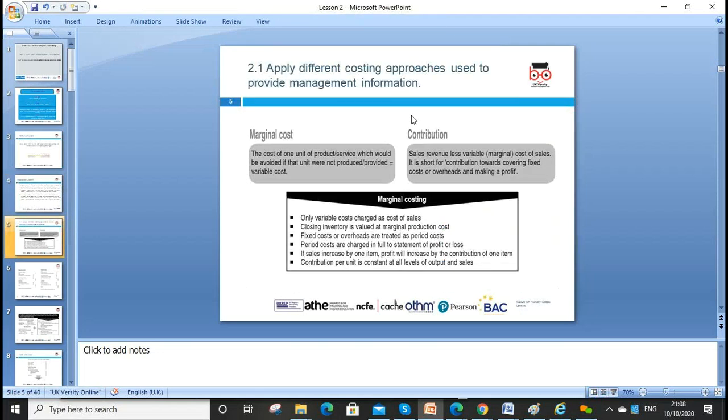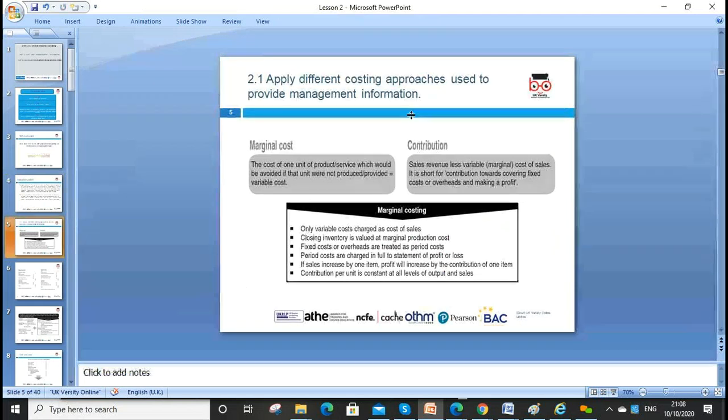Apply different costing methods. We can use different costing methods. First is marginal costing. Marginal cost is the cost of one unit of the product or service which would be avoided if the unit were not produced. If we don't produce it, there won't be any incurred cost. The marginal cost means all the variable costs. Only variable cost is charged to the cost of sales.